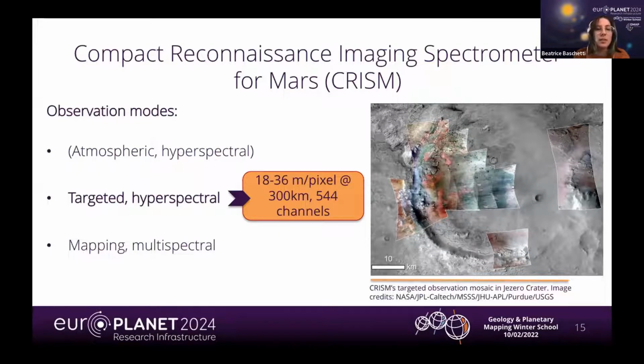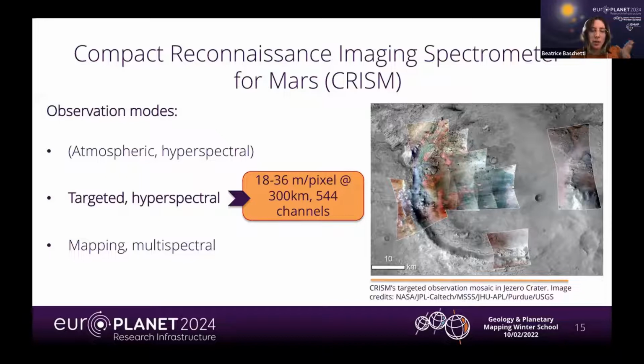In this mode, CRISM is able to acquire images of the surface with a spatial resolution of up to 18 meters per pixel, using 544 channels across the wavelength range that we've seen before, from 0.4 to 4 microns.